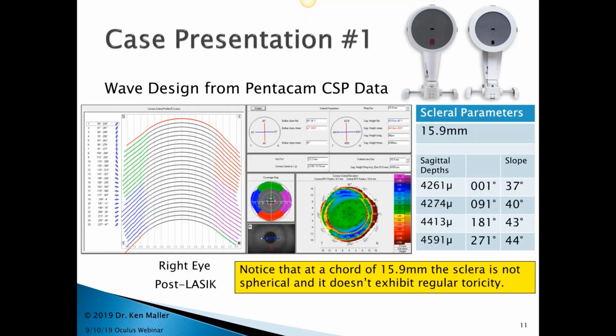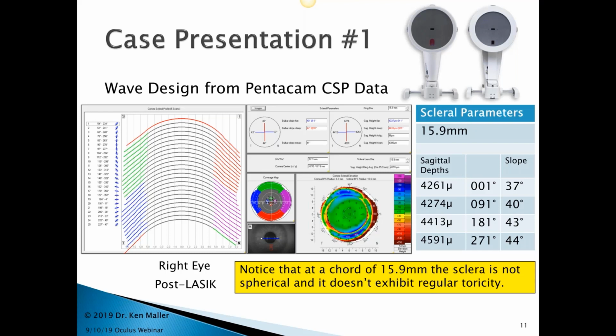Now, here's our first case, and these 3 cases are wave cases, and wave and the Pentacam CSP are really a marriage made in heaven. They're a very nice melding of 2 entirely different technologies, because that matrix that we just saw on the previous screen, with all of that sagittal data, is fed directly into the wave software, and it then creates both a corneal and scleral reference surface so that you can now design a lens from that.